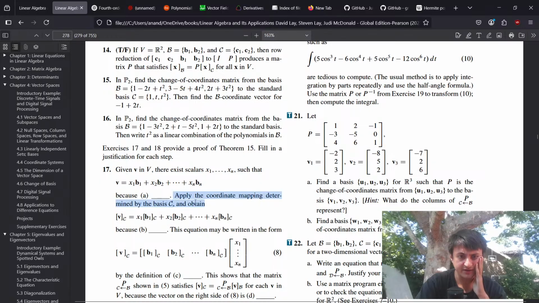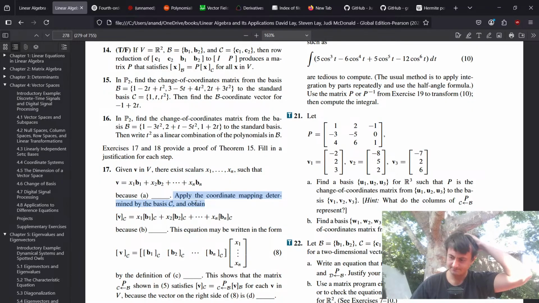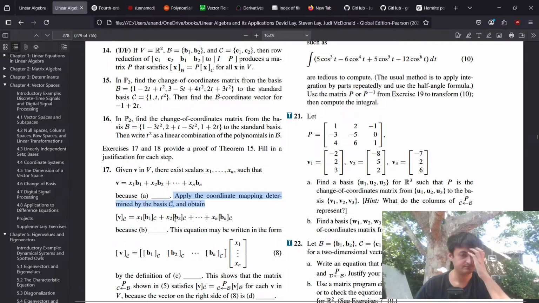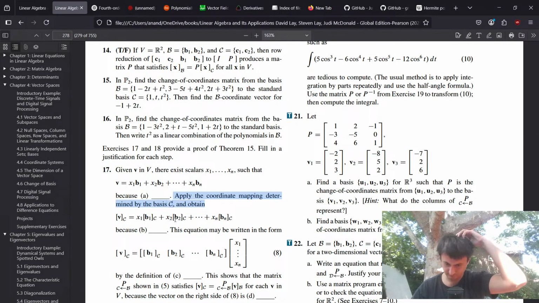Apply the coordinate mapping determined by the basis C. So the coordinate mapping of C is from x to x relative to C. Okay, and B is because the coordinate map is a linear transformation.